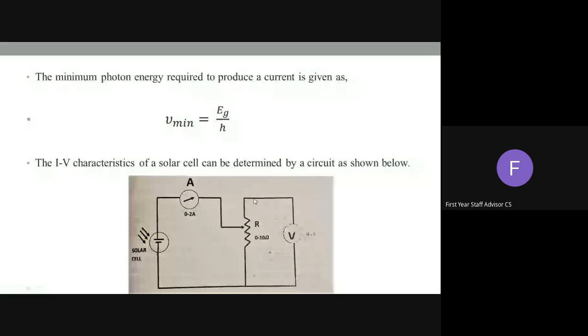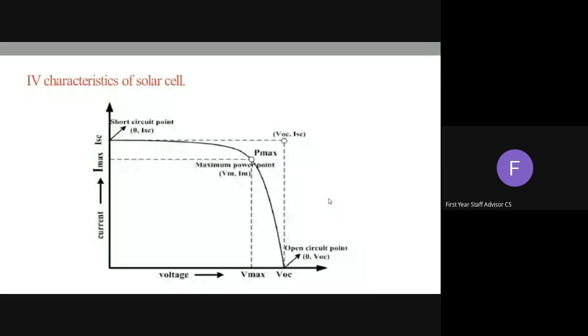In order to measure the current and voltage produced in the circuit, we need some resistance. So this is the basic circuit used to measure the current and voltage, and the IV characteristics of a solar cell look like this.